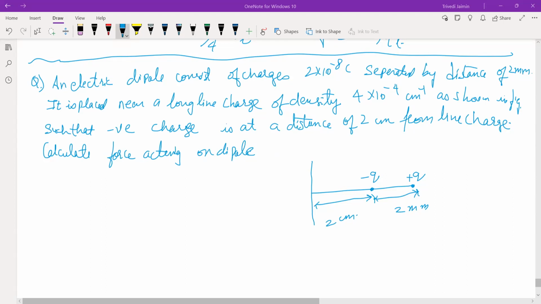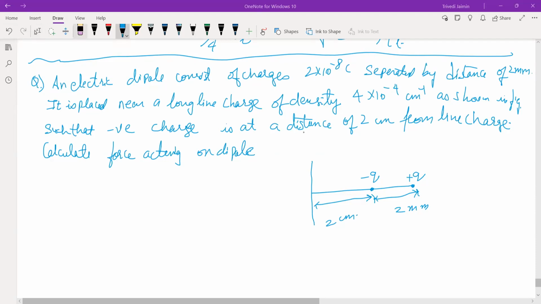Yes, guys, what will we do here? Any idea? It's a line charge. That means, if you remember, charge density per unit length. So that lambda formula we will use.